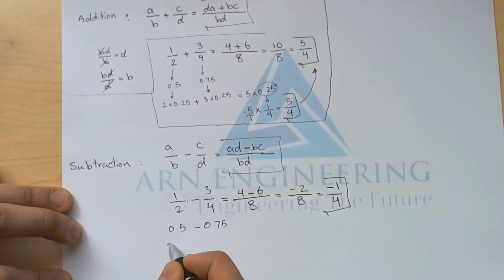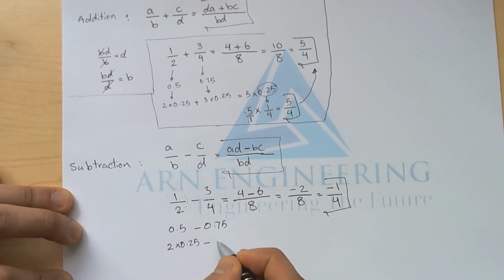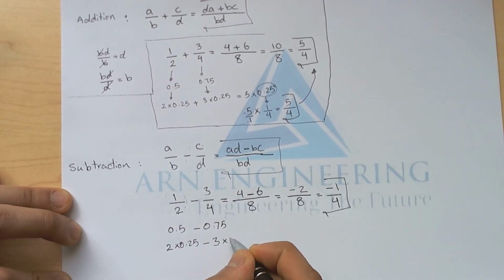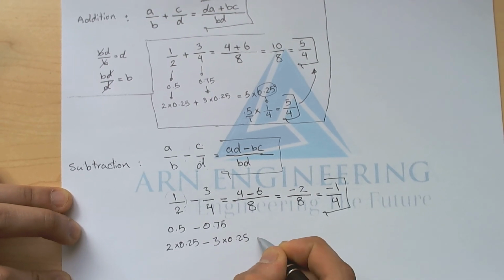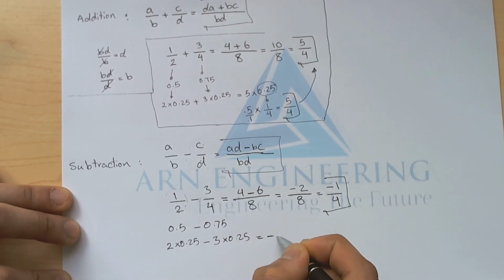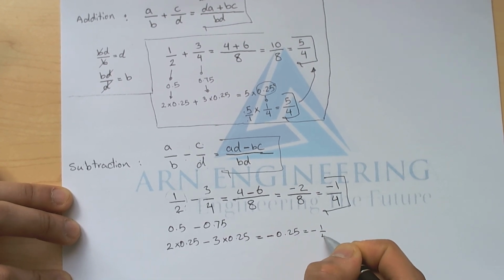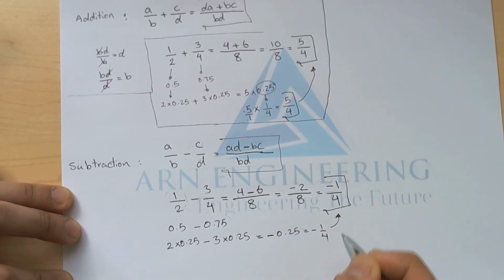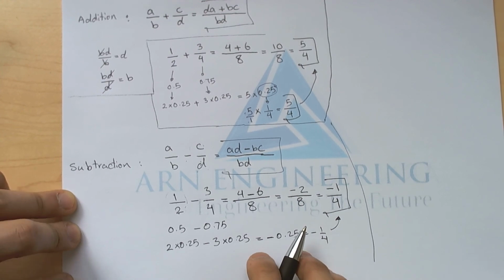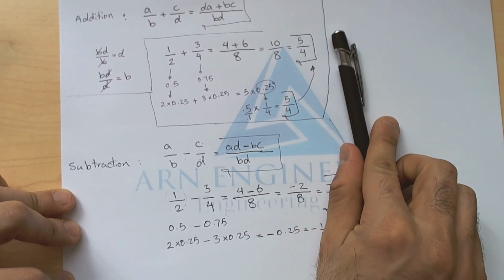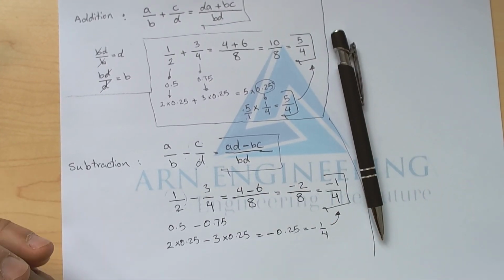So we're saying 2 quarters minus 3 quarters. We're going to be left with a minus of a quarter, which is minus 1 over 4. And that was it for simple operation of fractions.